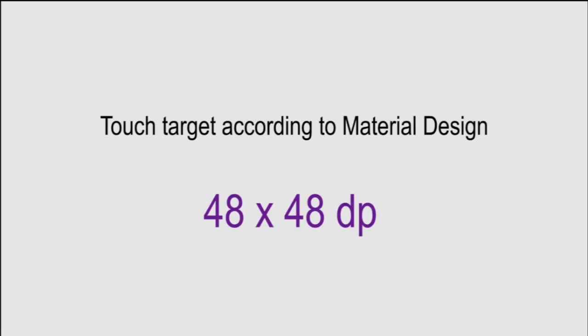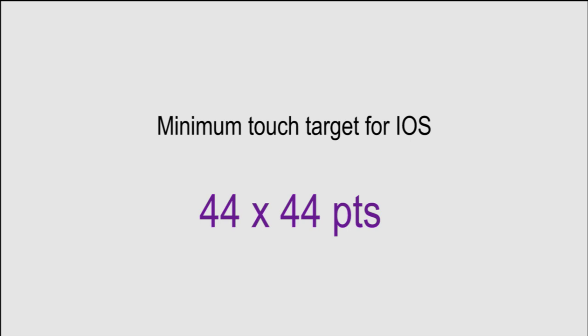According to Material Design, the touch target should be 48 dp x 48 dp with 8 dp between different touch points. This applies to Android mobile phone. While for iOS, the general understanding is that its minimum target size is 44 by 44 pts.